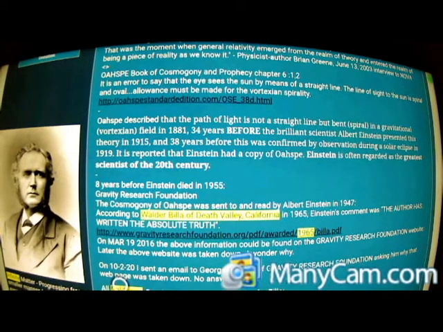In regards to the person who claimed, and was recorded and documented on the Gravity Research Foundation, saying that the cosmogony of Oahspe was sent to and read by Albert Einstein in 1947: a Walter Billa or Bia of Death Valley, California.